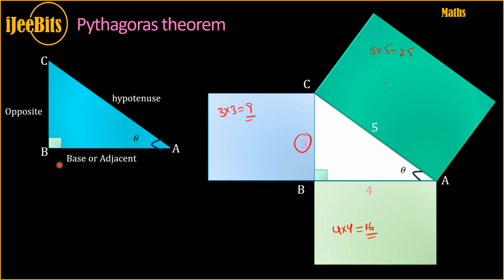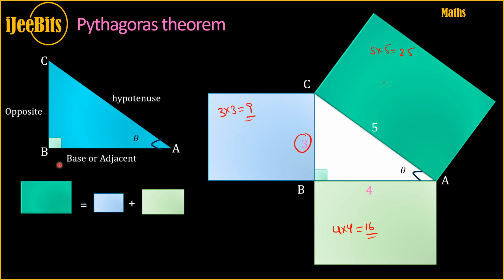Okay, so if I see, let me write this one. This one is 25, so this area is 25, and then the small one is 9, because we said 9, this one, right?